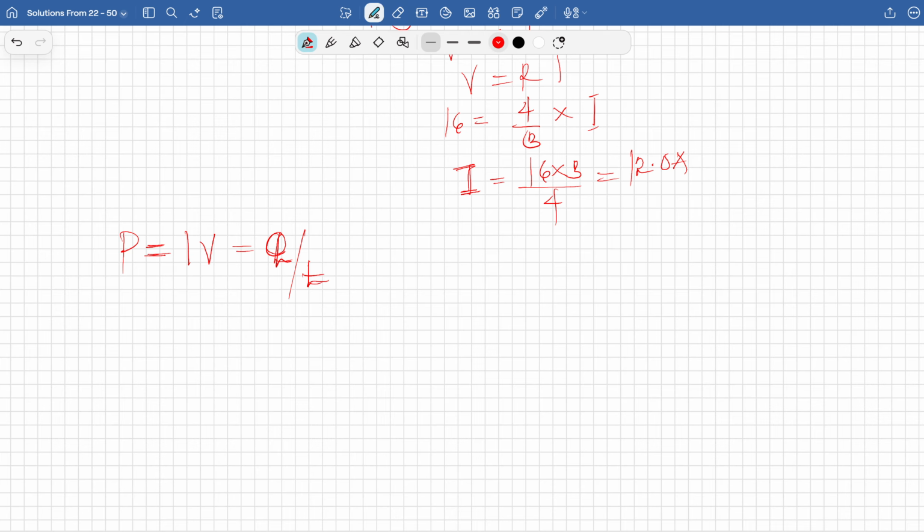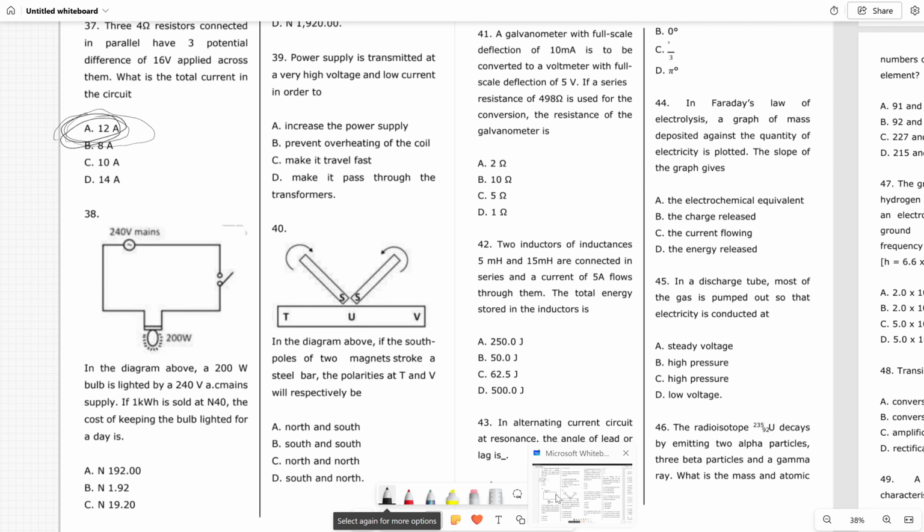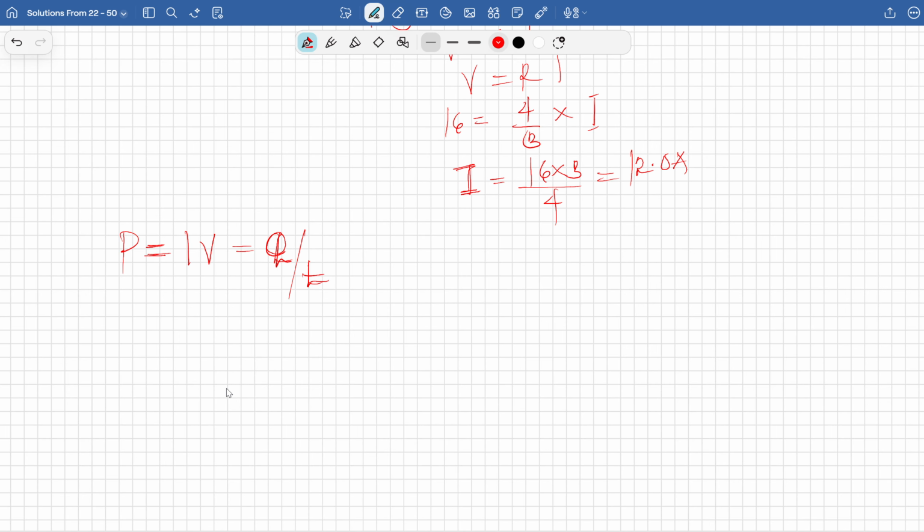When you look at the question very well, a 200-watt bulb is lighted by 240 volts AC, and 1 kilowatt hour is sold at 40 naira, the cost of keeping the bulb lighted for a day. We are given the time: time is equal to 1 day.